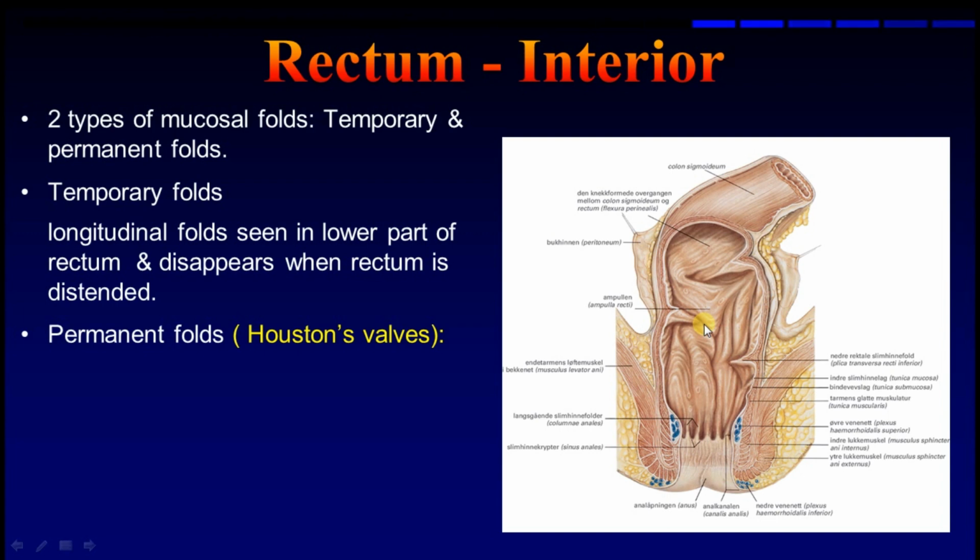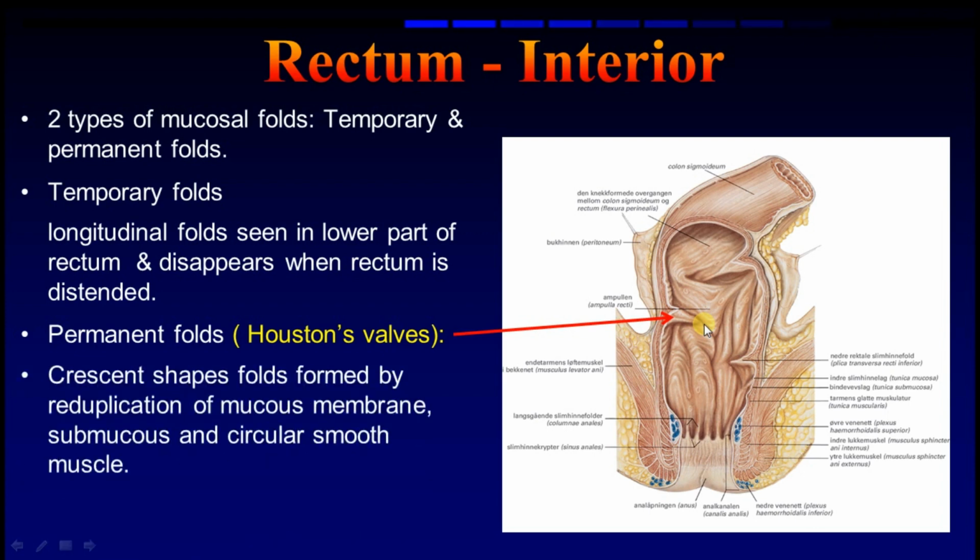They are mainly responsible for holding the weight of the feces. Okay, so one of the things which I have shown with an arrow, like this, all these are considered as Houston valves. They are actually horizontal in direction and semilunar or crescent shaped folds.